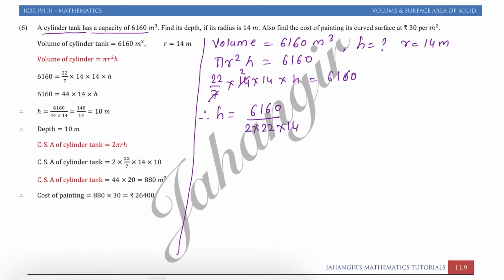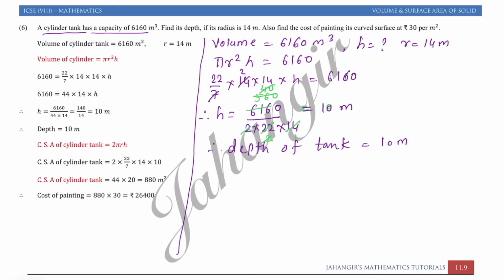We can cancel with 11. 11 twos are 22, 11 fives are 55, 11 sixes are 66, 11 zero. 14 ones are 14 into 40. 2 twos are 4, 4 tens are 40. So it is 10 meter. So therefore height is 10 meter. So I can write depth of tank is equal to 10 meter.